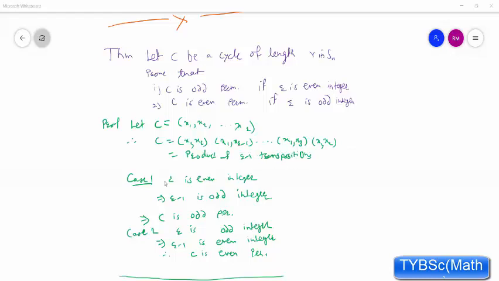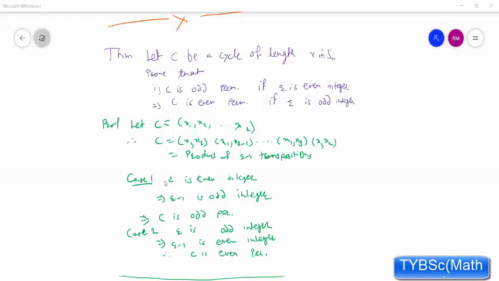Now R is an integer, so there are two possibilities, two cases. One is R is an even integer, second is R is an odd integer. So let us break this proof into two parts. Case 1, R is an even integer. If R is even, R minus 1 is an odd integer by property of integers.